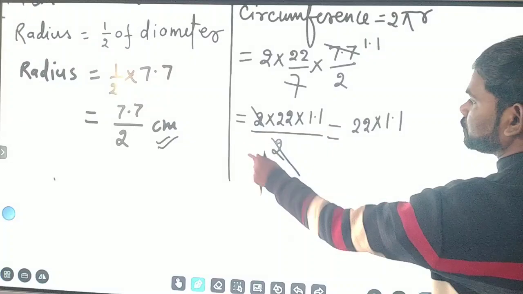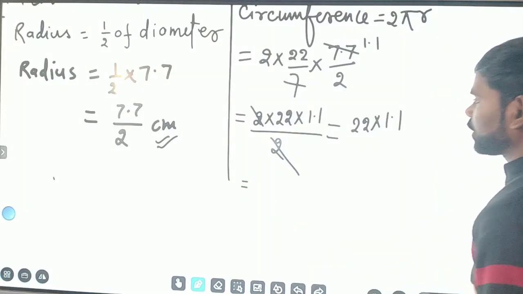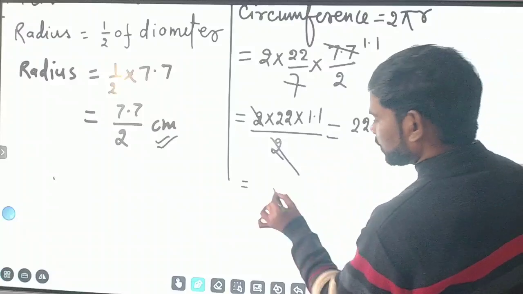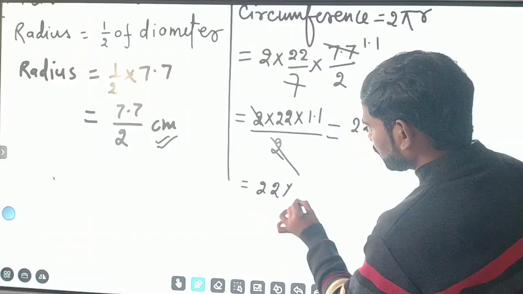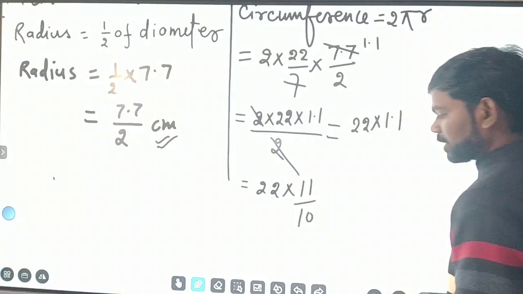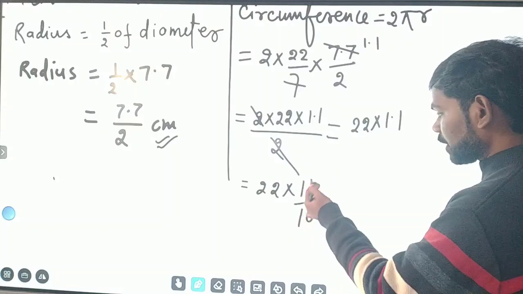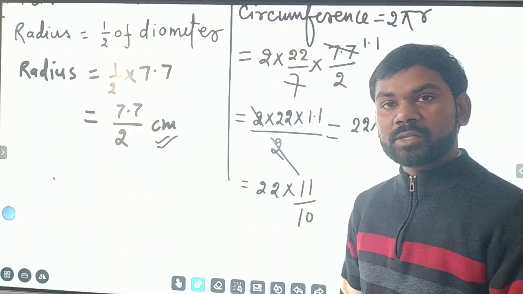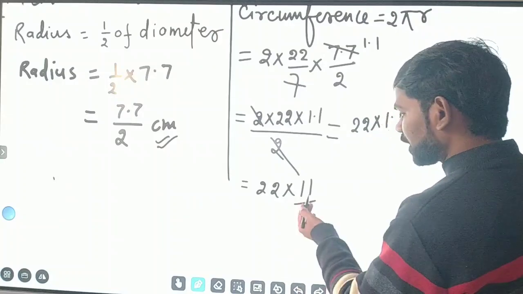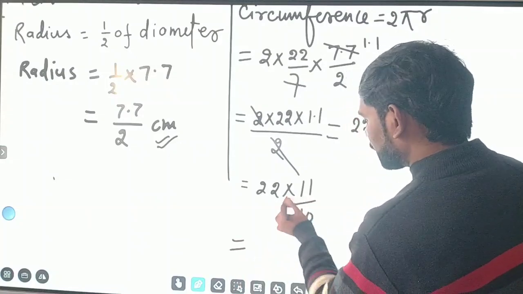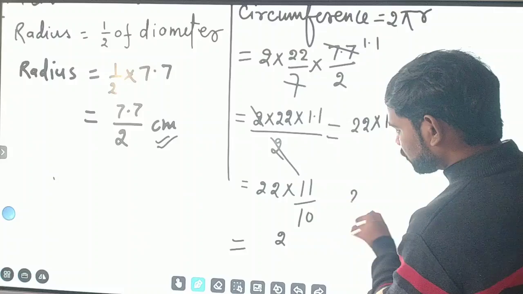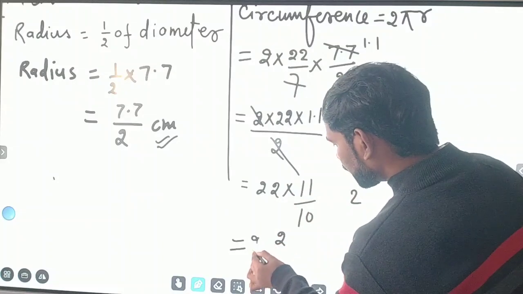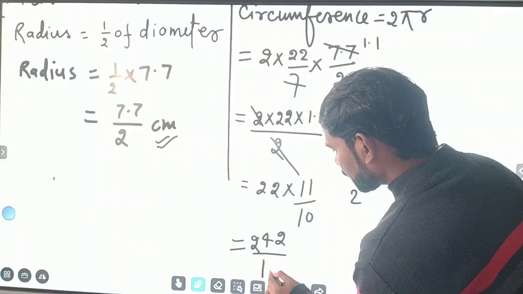Now let's see the product of 22 into 1.1. This can also be written as 22 into 11 by 10, writing 1.1 as 11 by 10 in order to eliminate the decimal. Now multiply 11 by 22. 11 twos are 22, carry 2. 11 twos are 22, 22 and 2 is 24, by 10.